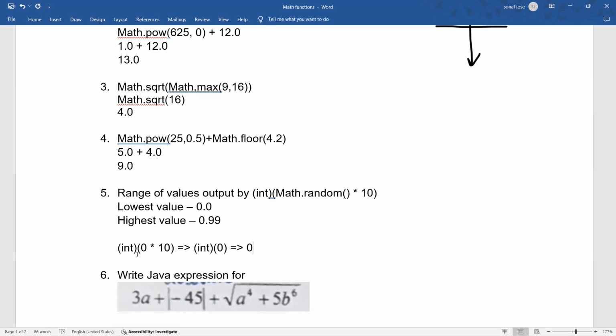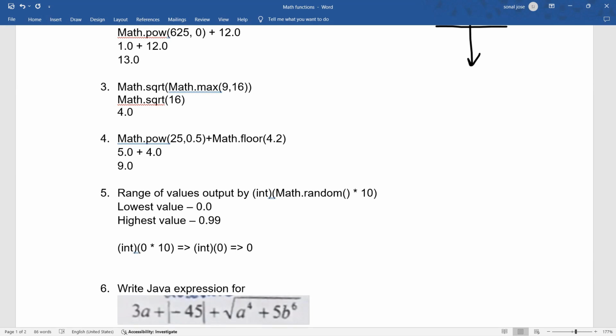Okay, so the lowest value, because they have asked us a range. Range means low and high. Lowest value that we can get by this is 0. What will be the highest value? Same thing, int. We said 0.99, so we say 0.99 into 10. What is int of 0.99 into 10? It will be 9.9.